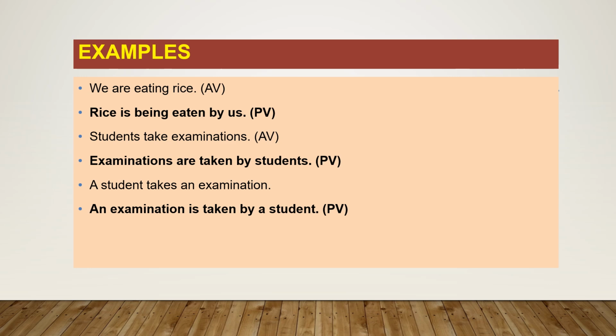Already you have articles video which you must have seen. So an examination, object becomes subject. Is taken, is because examination is singular. Instead of are, we use is. Taken by a student. So a student was subject, has become object. Add the object using by, and you have the passive voice sentence.